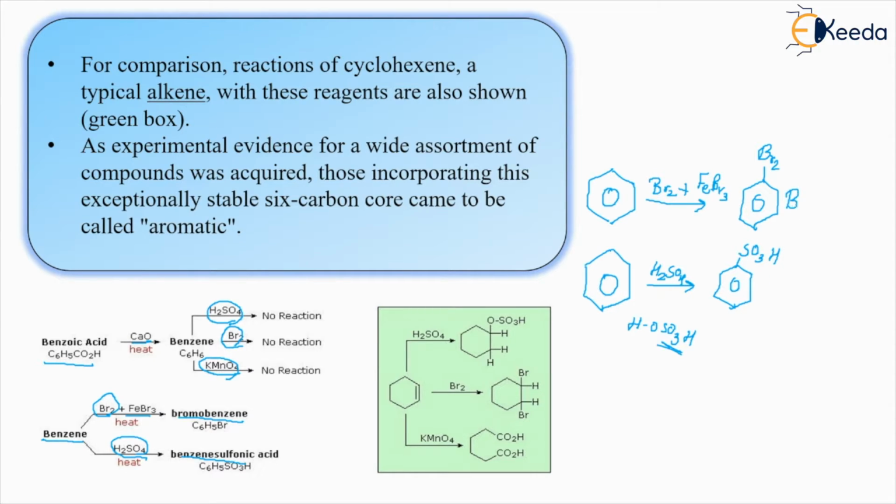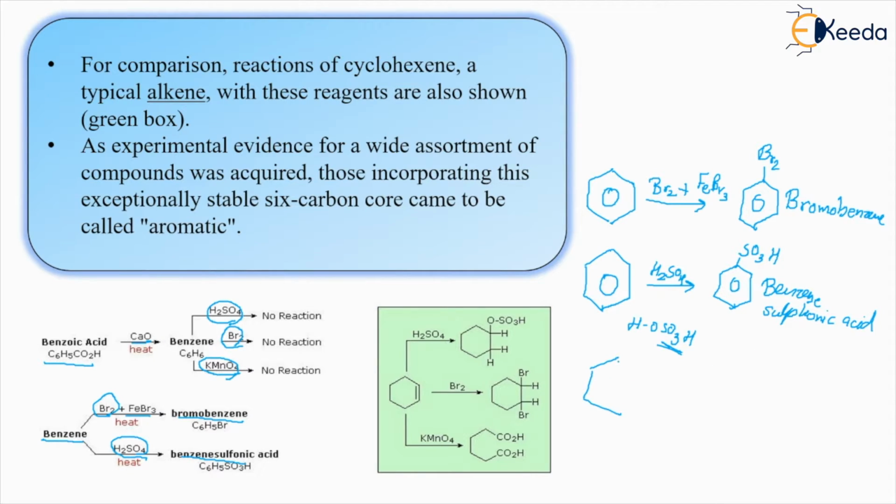The product over here was bromobenzene. This is benzene sulfonic acid. The major thing to remember over here is whether it is bromobenzene or benzene sulfonic acid, the double bonds inside the benzene were as they were.